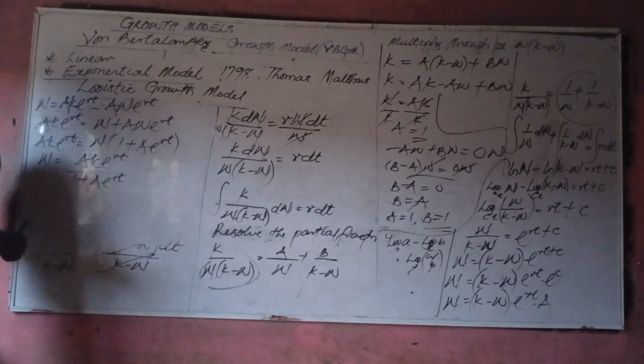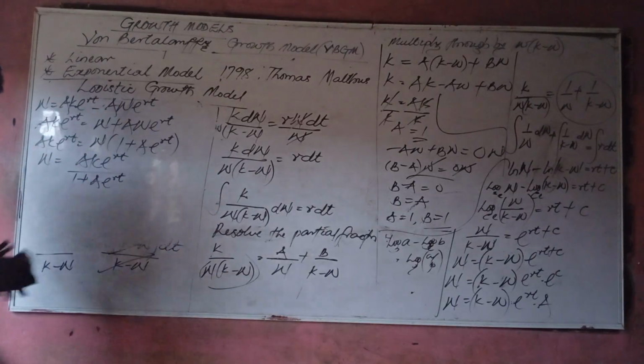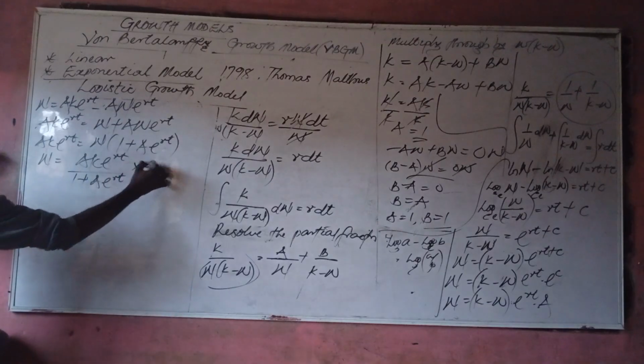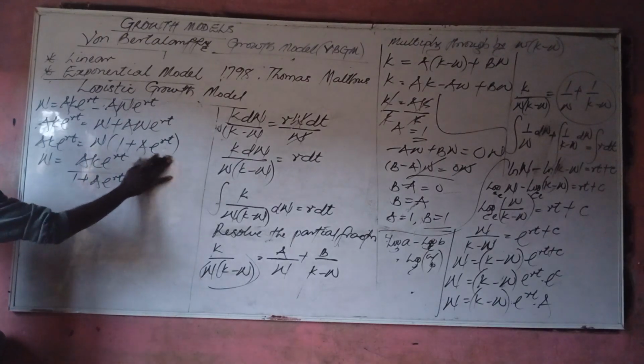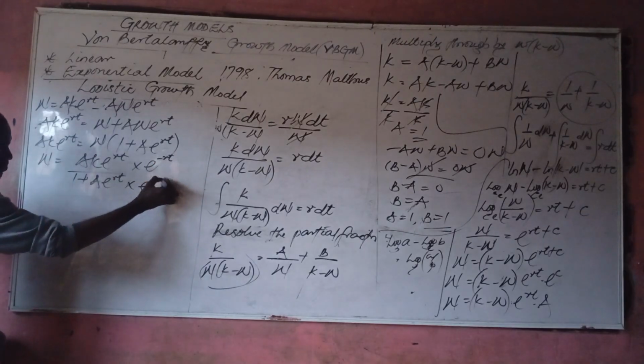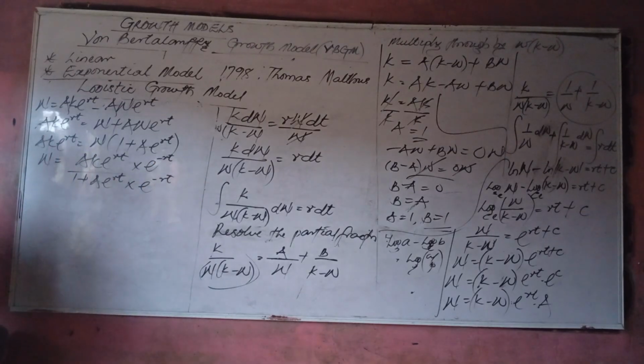I'm going to multiply numerator and denominator by E to the negative RT, so that it cancels out. That is still 1, right?